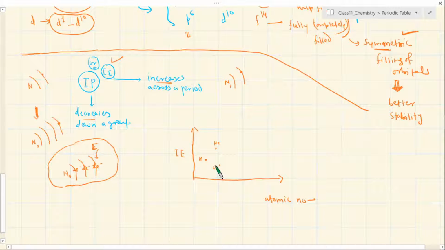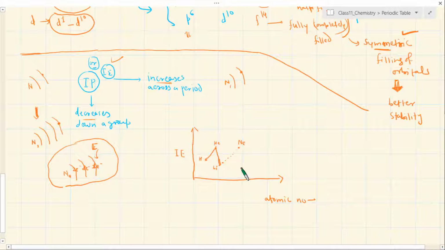This is lithium. Okay, so you go this way, then this way, and now atomic number should increase further and your ionization potential should increase in this direction, because now you are moving across a period. So ionization potential should increase like this until you reach the next noble gas, which is neon. Then suddenly from neon you come down to sodium, and sodium should have an ionization potential which is less than even lithium.